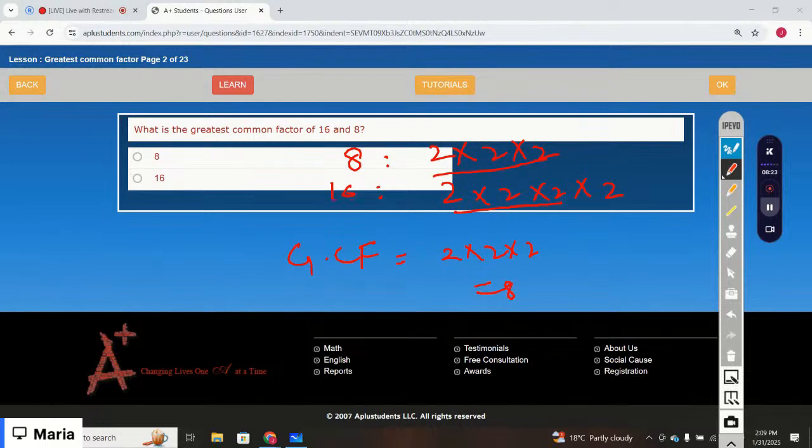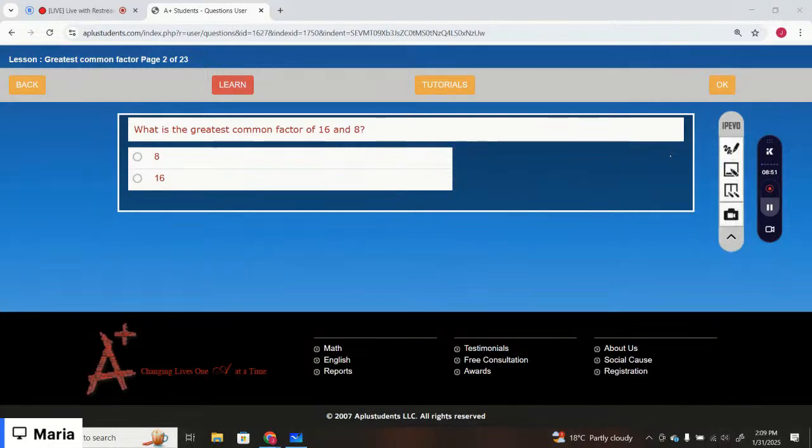So the GCF is 8. Option number 1 is the correct option.